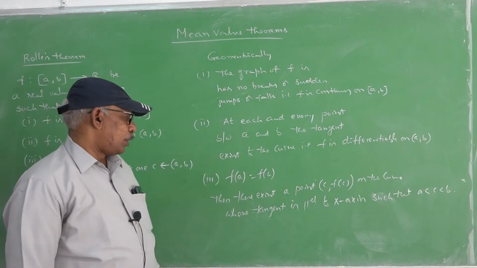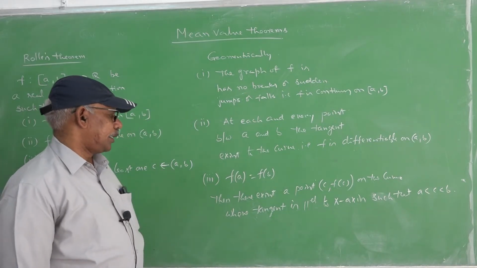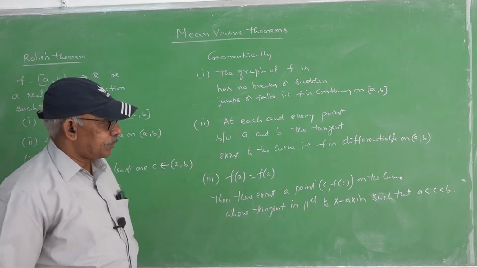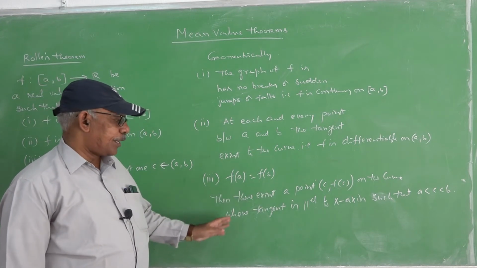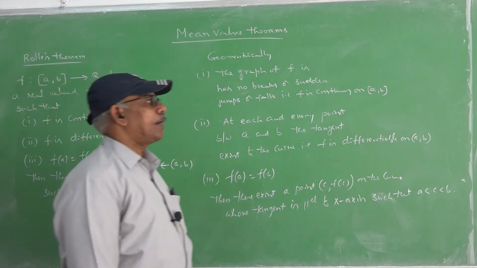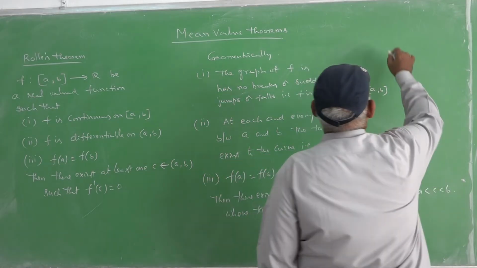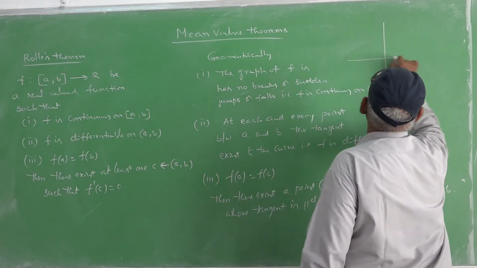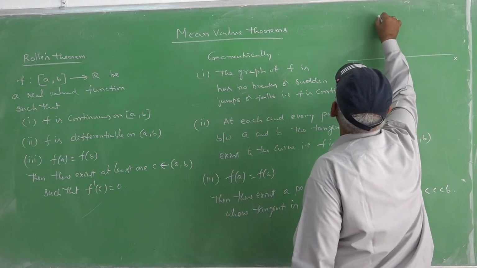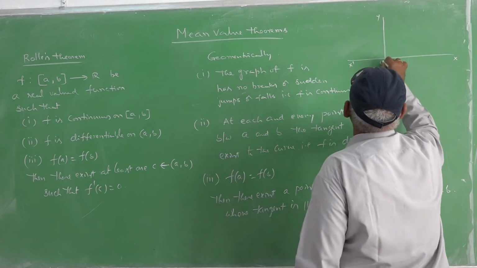Then there exists, by Rolle's theorem, a point c, f of c on the curve where the tangent is parallel to the x-axis, so that c lies between a and b. Graphically, you can make this interpretation of Rolle's theorem like this.